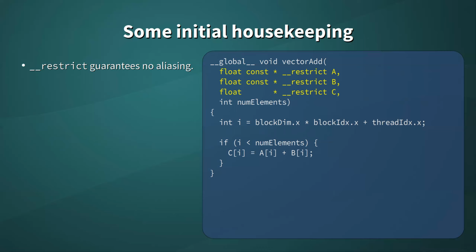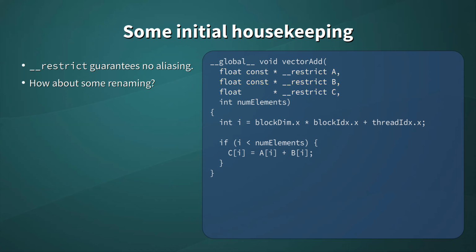What this guarantees the compiler is that there's no aliasing. So the memory that we access through A and B and C are all disjoint areas of memory. That allows the compiler, and it's particularly true for CUDA, to do certain optimizations that otherwise it's not allowed.